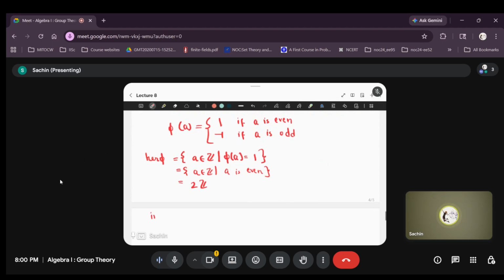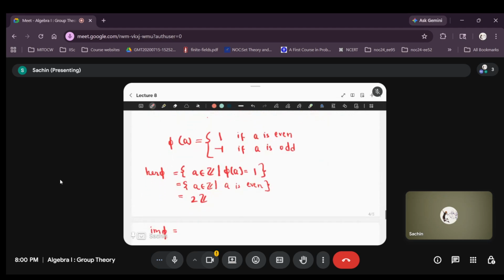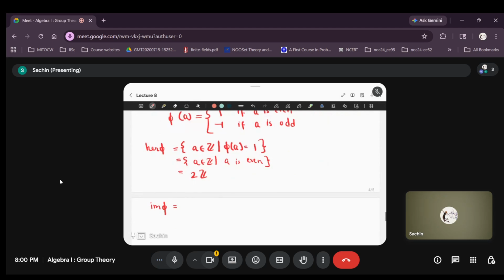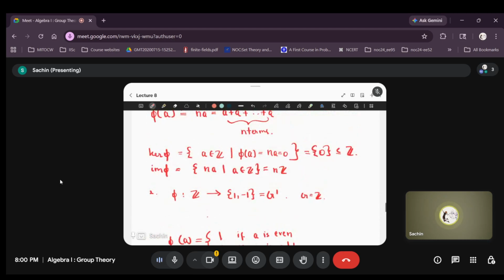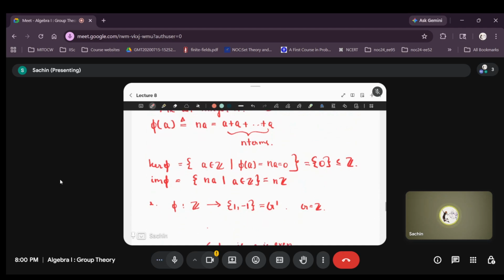Then the image is, what is the image? So this is one example in which the image is equal to the codomain. The image is G prime.